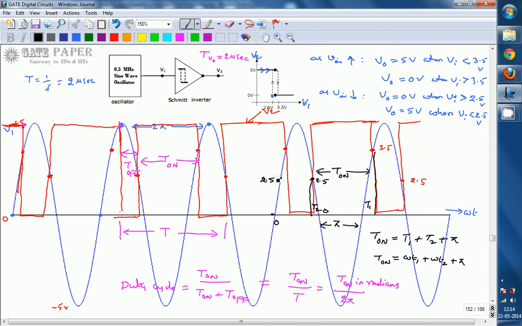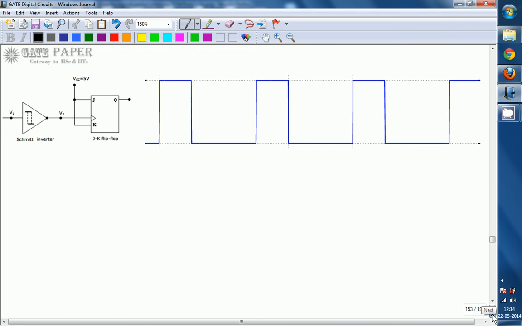The time taken for a sinusoidal signal to reach from 0 to 2.5 volts is the same as the time to decrease from 2.5 volts to 0 volts. So this is also the same as T2, that is omega T2. And this is the waveform which requires some time to change from 0 to 3.5 volts, so with this information we can calculate those things.